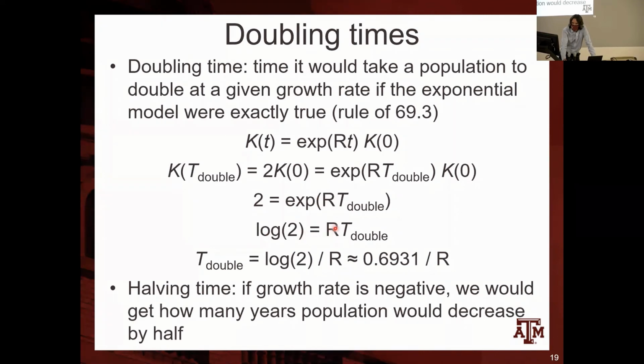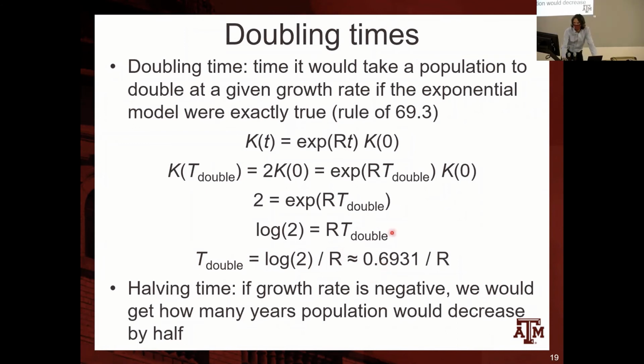R is multiplying T, so it goes to the other side dividing. So it's going to be log of 2 divided by R. So I will have T double equals log of 2 divided by R. Log of 2 is a constant. It's 0.6931 and so on. As an approximation, you can say that log of 2 equals 0.7.